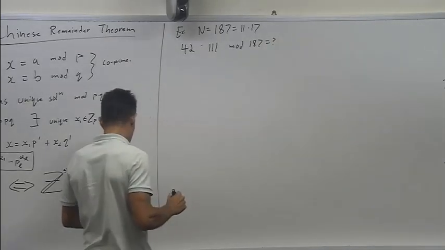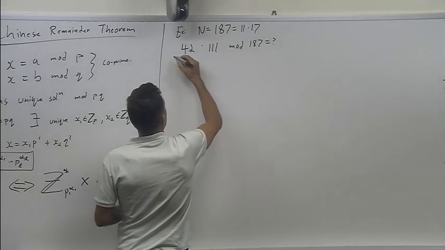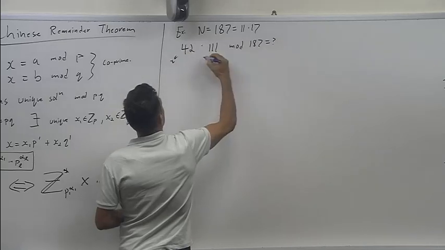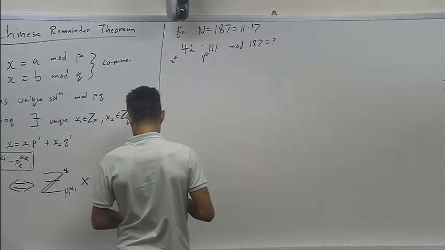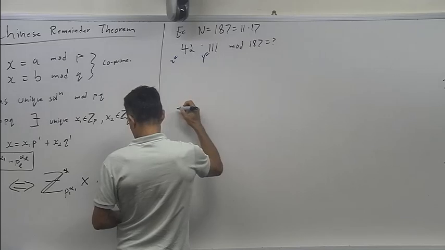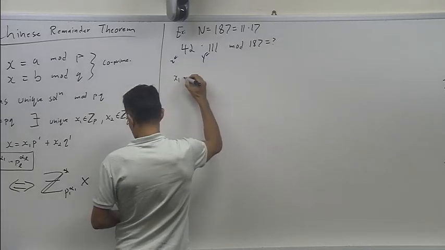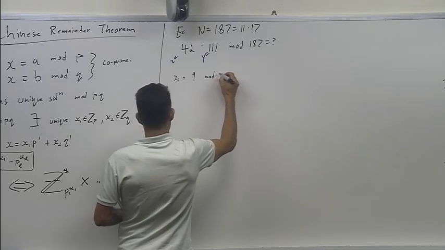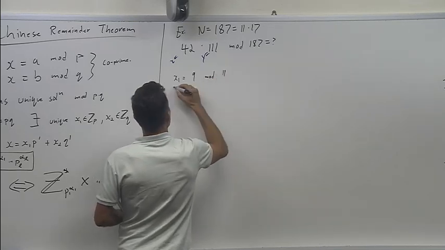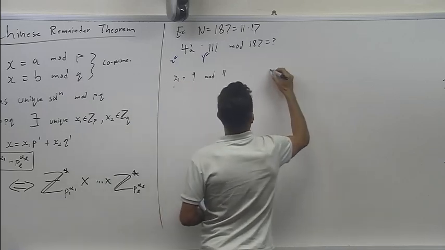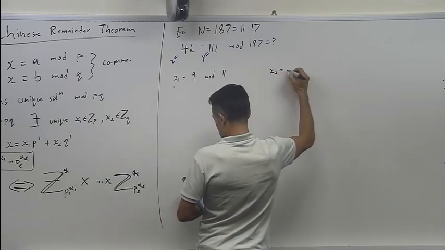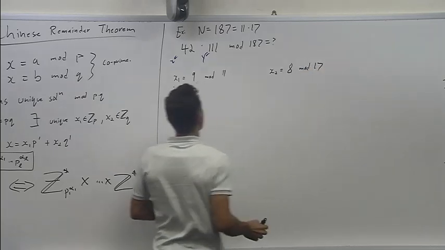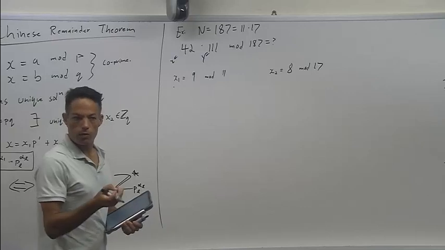So we call this one X, call this one Y, and we can say X1 is equal to 9, mod 11. This way, X2 is 8, mod 17. So you can check if you're following along with your calculator.